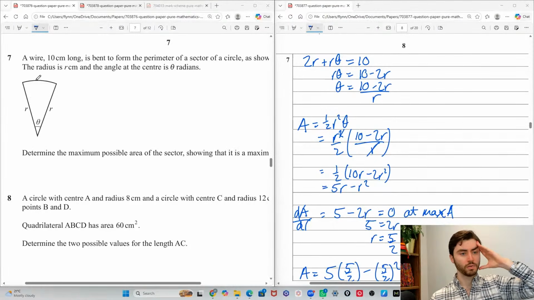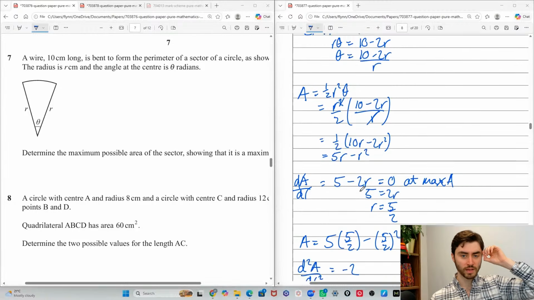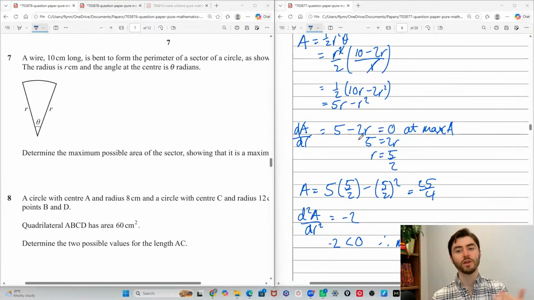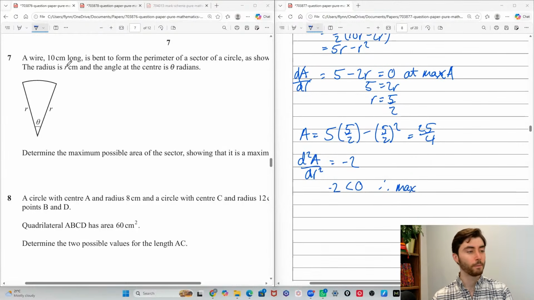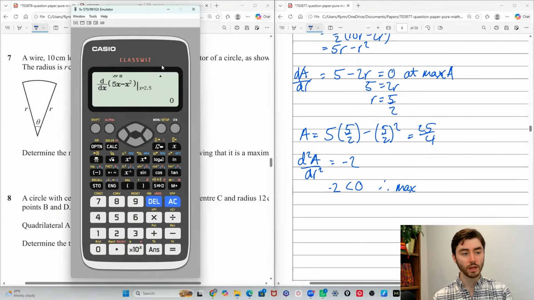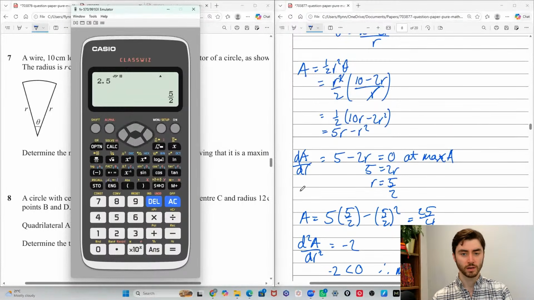So 2r plus r theta equals 10. Good. So that is a correct rearrangement of theta. I plugged that in. The r's canceled, and that became 5 minus 2r. So it became 5. I agree with this area formula. I agree with differentiating, setting it to 0 and getting r. 2.5, that's r.